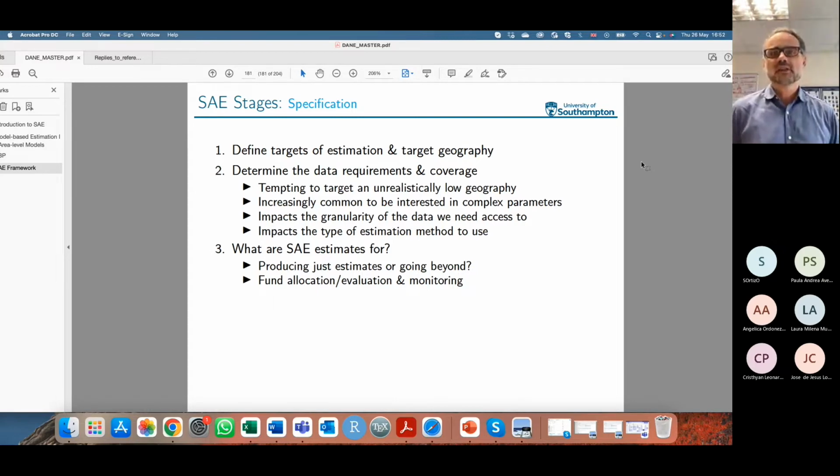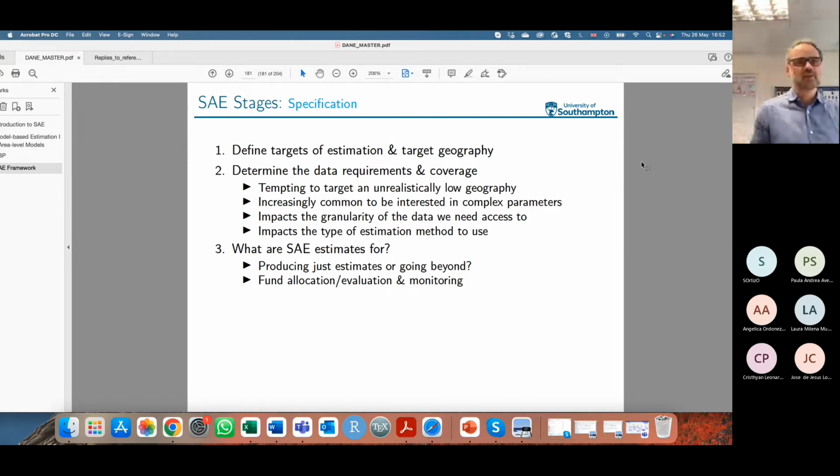And the fact that users are more and more increasingly interested in more complex parameters will also affect the type of data you need to have access to, how granular your data sets need to be, and it will also affect the type of estimation method to use.